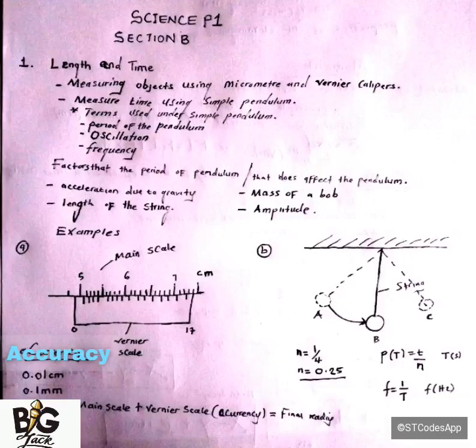So the questions that are likely to come in your paper, the first one is length and time. Under length and time, you need to know how to measure objects using the micrometer screw gauge, and also how to measure objects using a vernier calipers, and also the objects that a micrometer screw gauge and a vernier calipers measure.